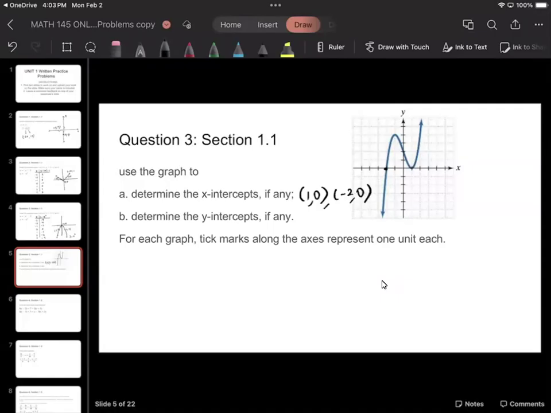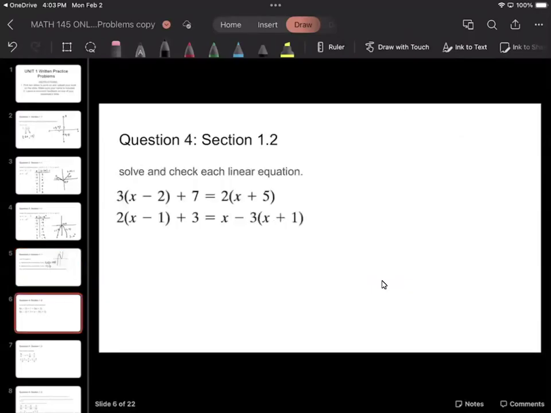So that's where your graph touches the x-axis. Where does your graph touch the y-axis? It touches here, which is (0, 2). So all x-intercepts will have 0 for y and all y-intercepts will have 0 for x. Okay.